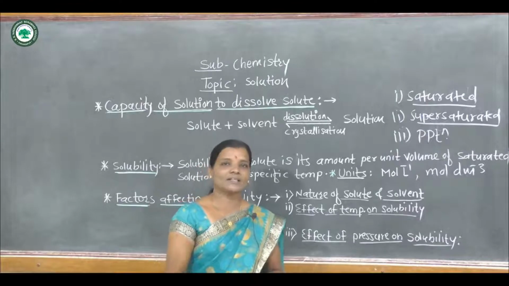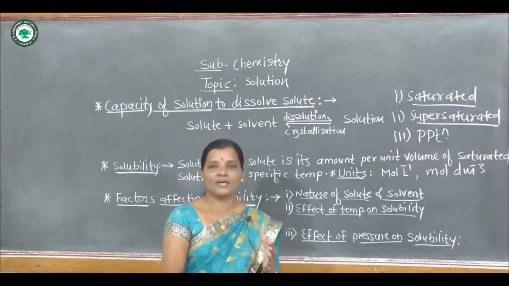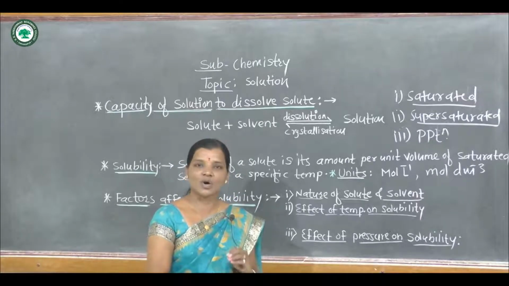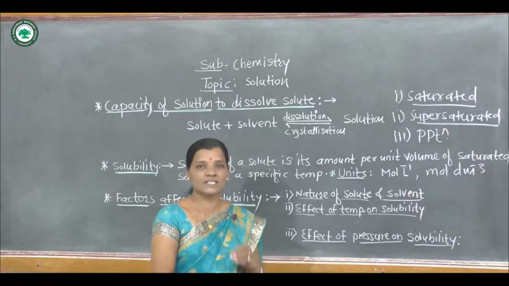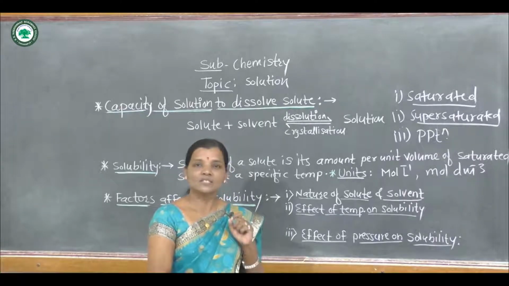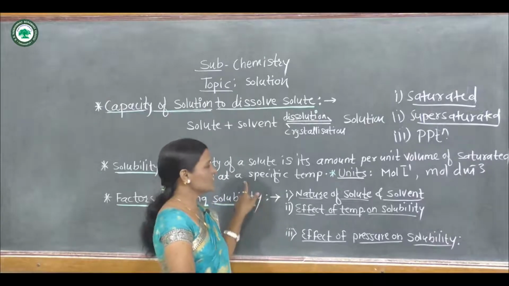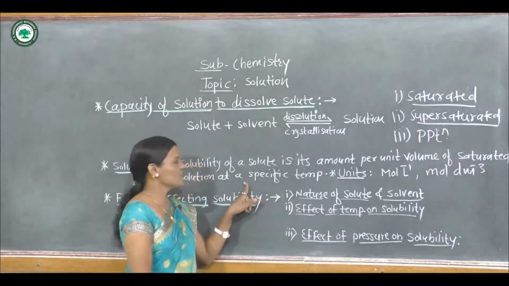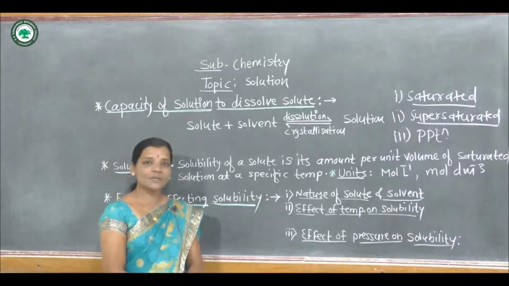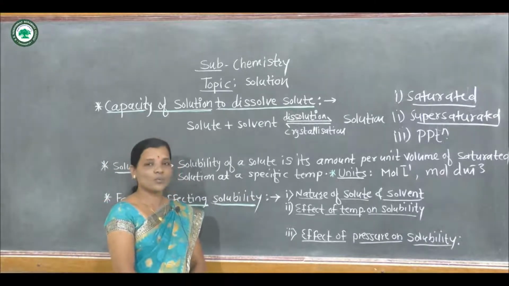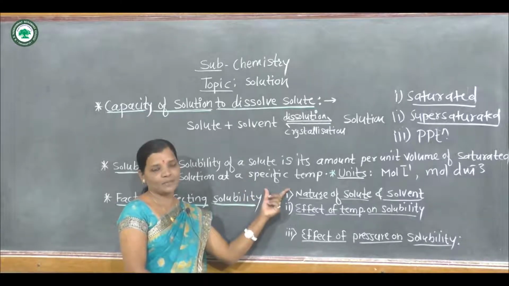Now let us see what is meant by solubility. Solubility means when solute is added in the given solvent, it dissolves, but the amount that dissolves is nothing but the solubility of that solute in the solvent. The solubility of a solute is its amount per unit volume of standard solution at a specific temperature.